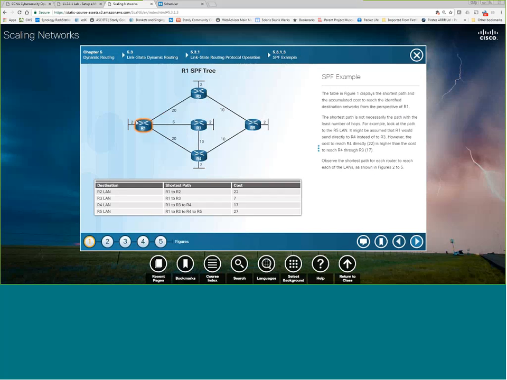I'm missing something somewhere. R2 LAN is 22, I agree with. R3 LAN would be 7, I agree with. R4 LAN would be 22. Nope, hold on, 17, that's right. All right, here it is, 5, 10, 10, and 2. So that's 27 for R5. So it's a little different.